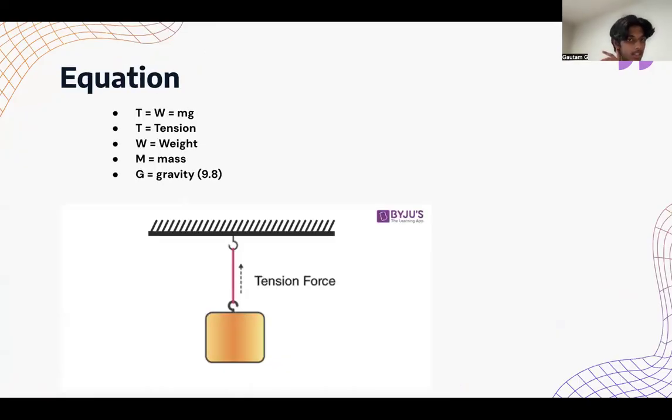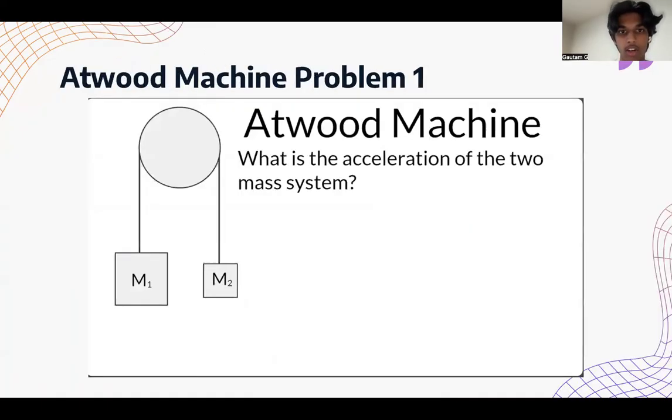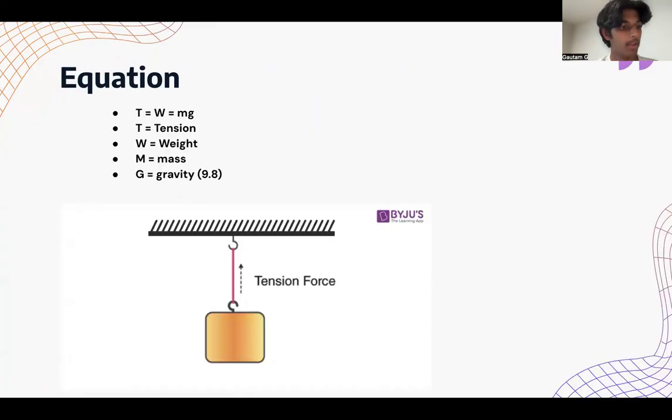This is tension. I know we did this the last two classes, but the main thing I want to keep stressing is that this upwards force is equal to tension, and this downwards force is the mass times gravity of this block.